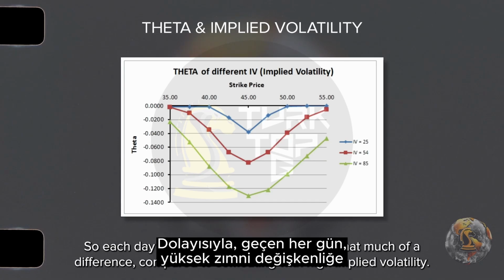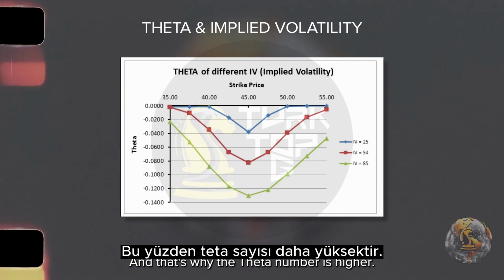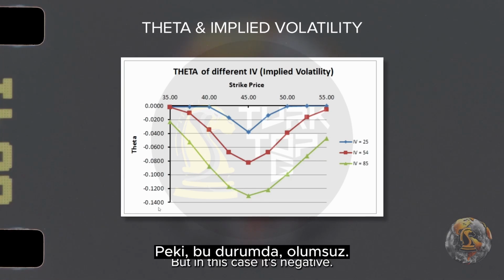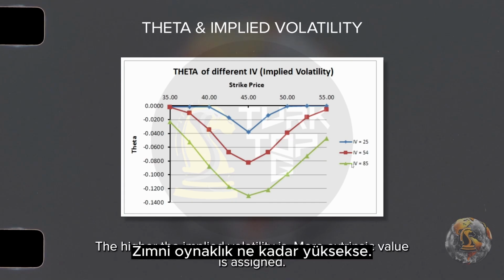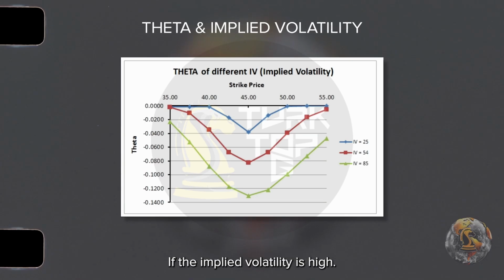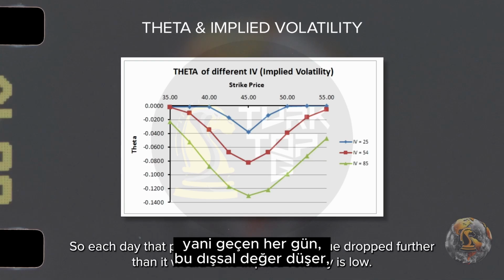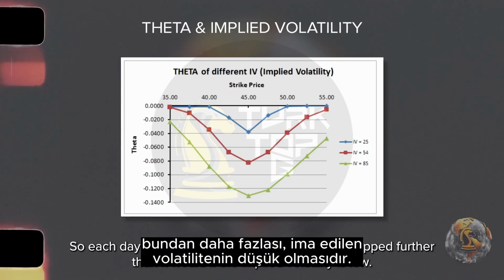So each day that passes by, it doesn't make that much of a difference compared to something with high implied volatility. That's why the theta number is lower, since it's negative, the higher the implied volatility is. More extrinsic value is assigned if the implied volatility is high, so each day that passes by, that extrinsic value drops further than it would if the implied volatility is low.